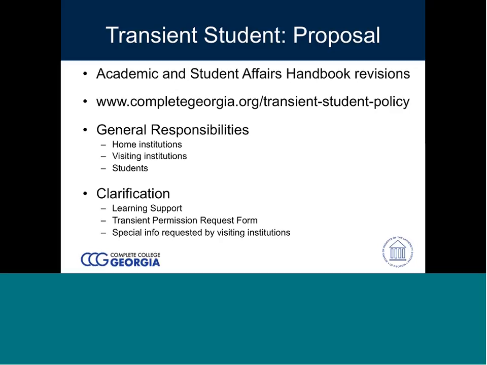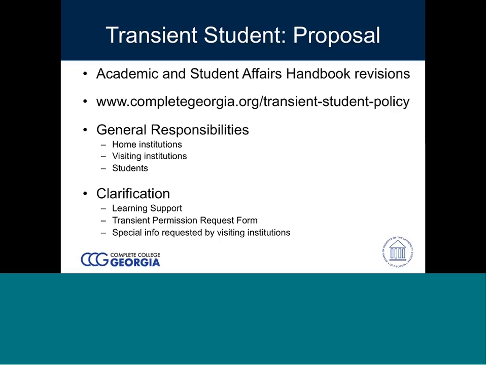And this is still consistent with what has been happening on campus. In addition to that, home institutions are responsible for providing guidance on where students can go for advising on transient courses. Also, home institutions are responsible for granting appropriate credit upon receipt of an official transcript from the visiting institution.